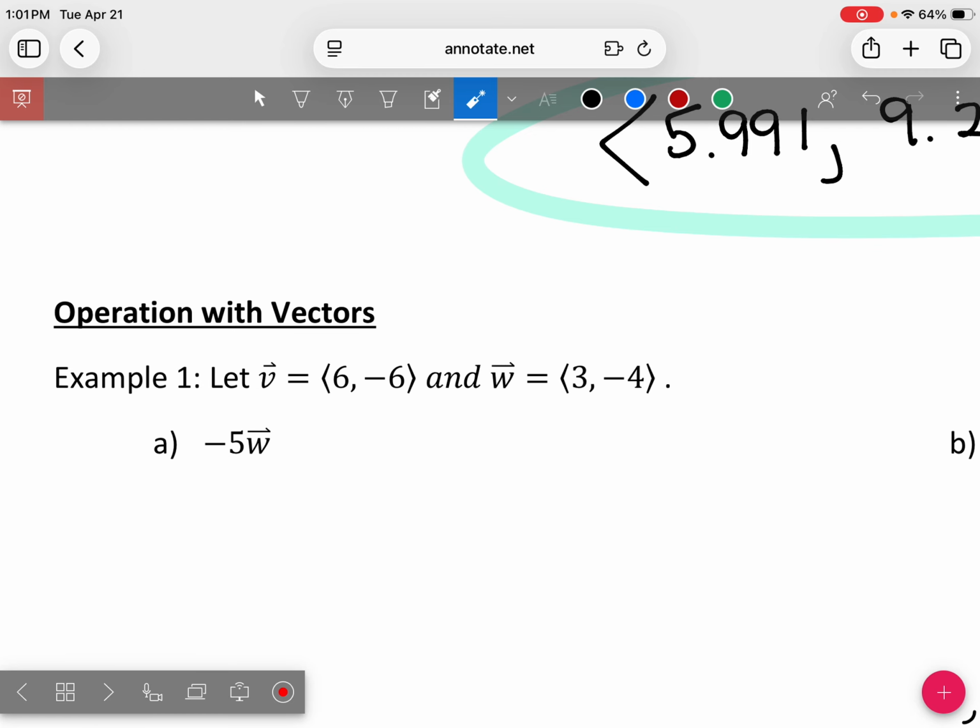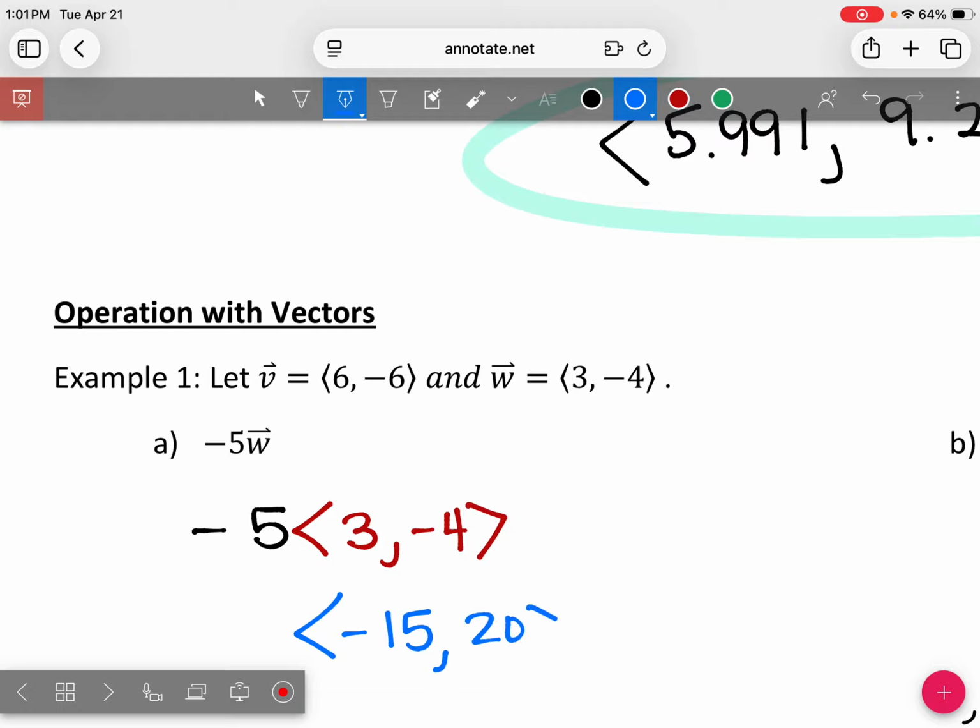That's what that's telling me to do. I'm only using vector W, so you're distributing. And your final answer should be -15, +20. That's it.